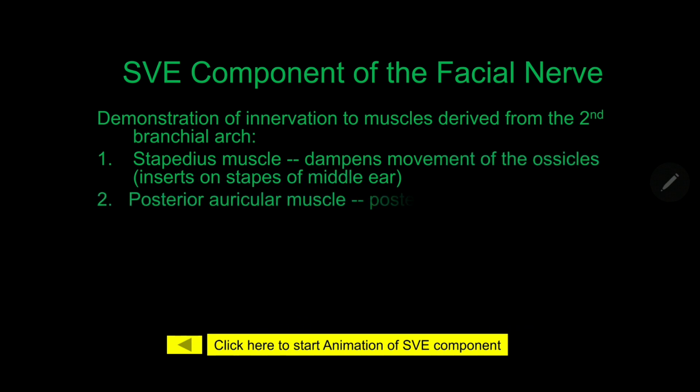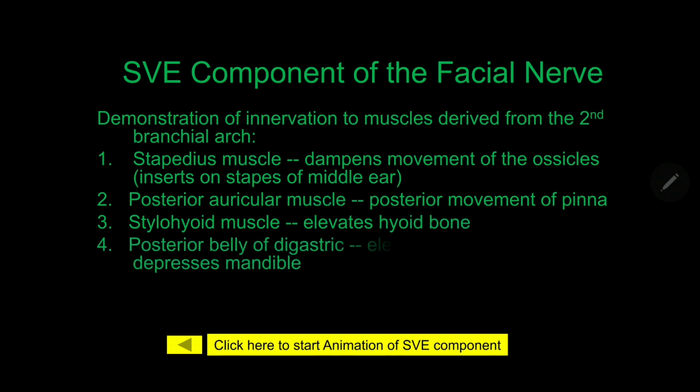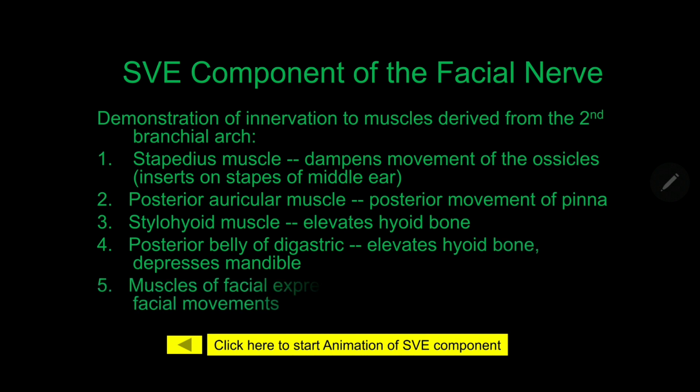Remember the purpose of this muscle: the stapedius is to dampen the movements of the ossicles. It inserts on the stapes of the middle ear, and by this it dampens the ossicles. The purpose of this muscle is to handle the high pitched sounds which are reaching the internal ear through the stapes; it dampens the oscillations of the stapes so that high pitched sound should not reach the internal ear.